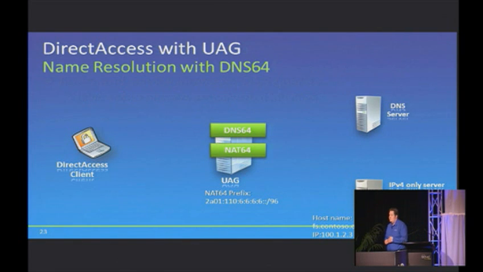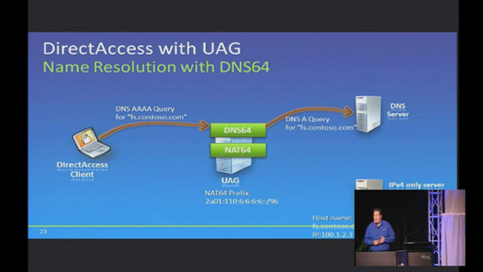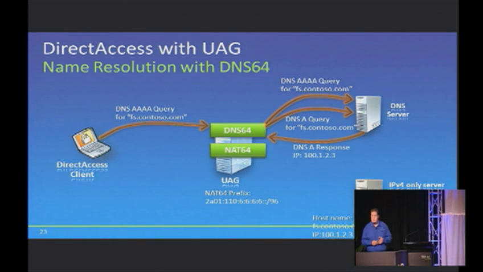So my client asks for a resource and it queries the AAAA record from my UAG, and this is just for the internal resources. Everything which is external, the connection-specific DNS is used for those. So my DNS server knows that the file server, console.com, has an A record instead of AAAA, so it just replies with the A record.